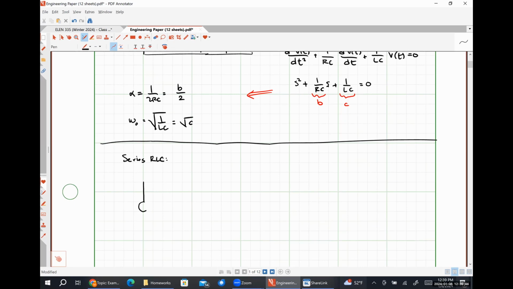So, here's our simple series RLC circuit.